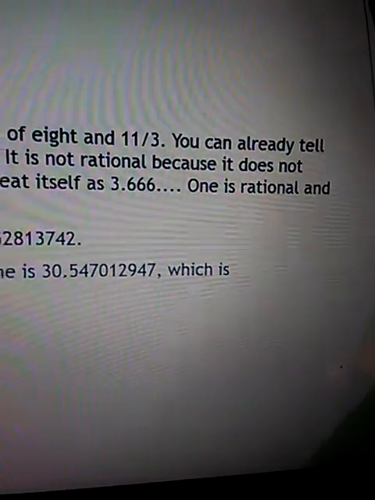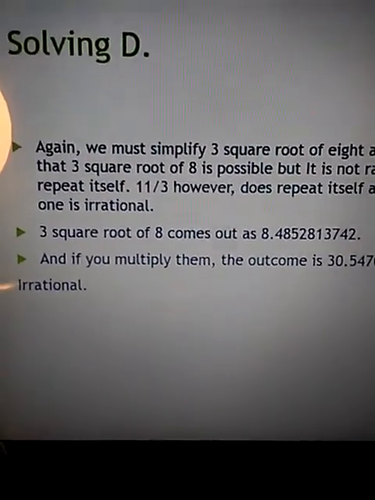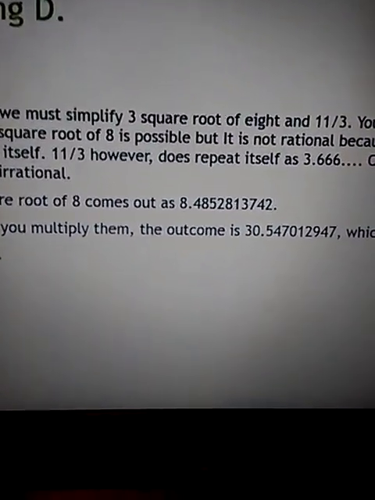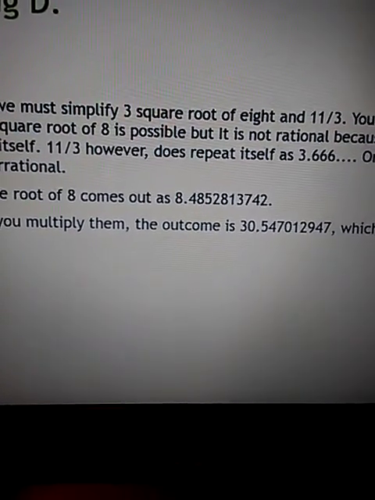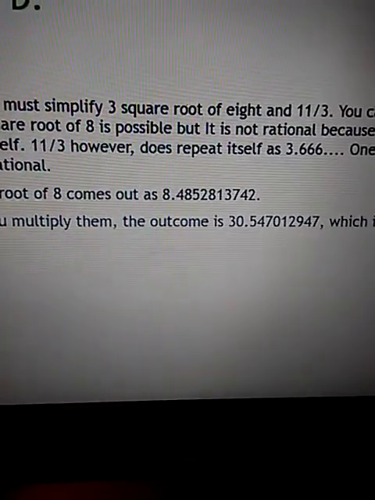One is rational and one is irrational. 3 square root of 8 becomes 8.4852813742, which is irrational.